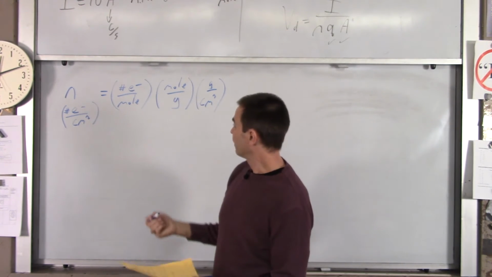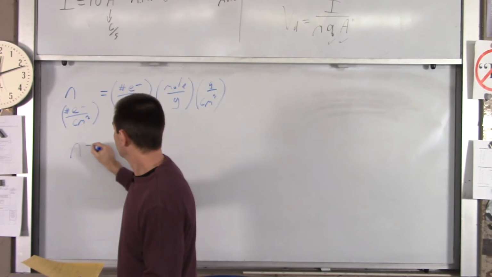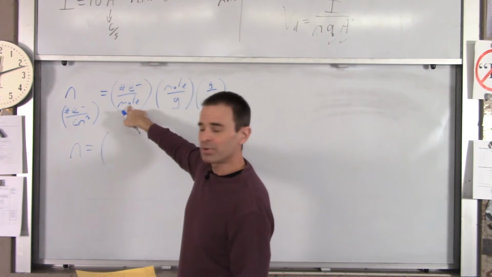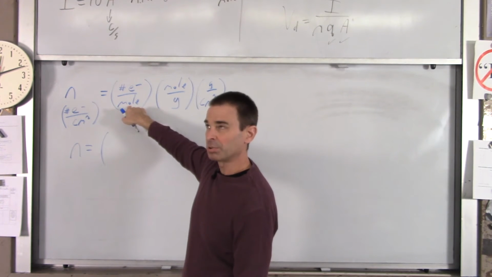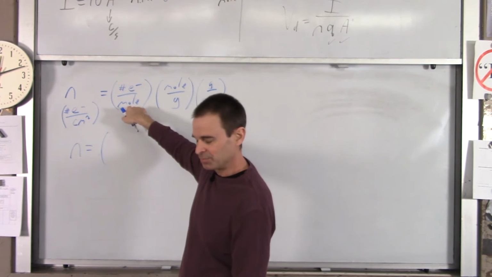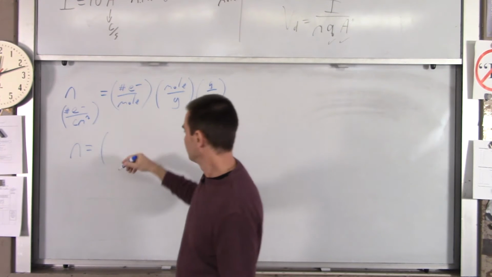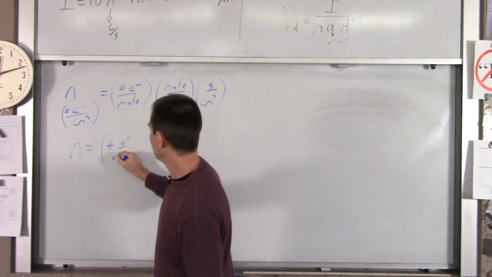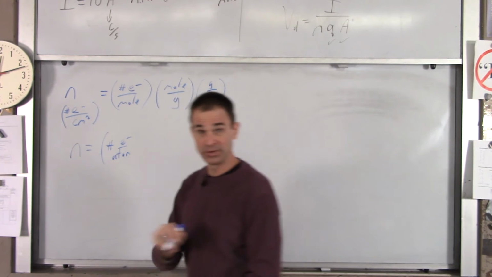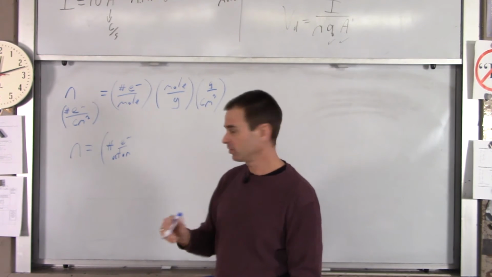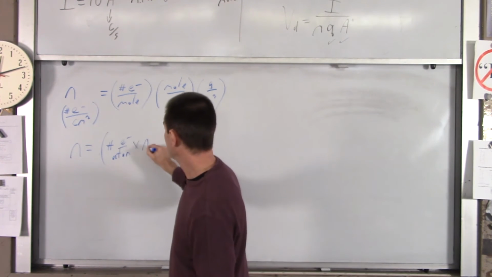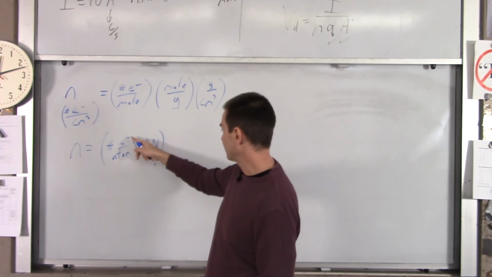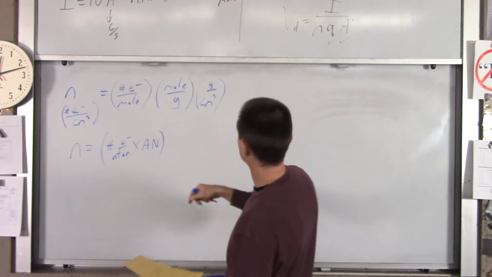Now, if you look at that, the first term is the number of charge carriers per atom times Avogadro's number. So it's the number of electrons per atom that are free to move. Those are what we call our charge carriers, times Avogadro's number. This will be electrons per mole when we're done.